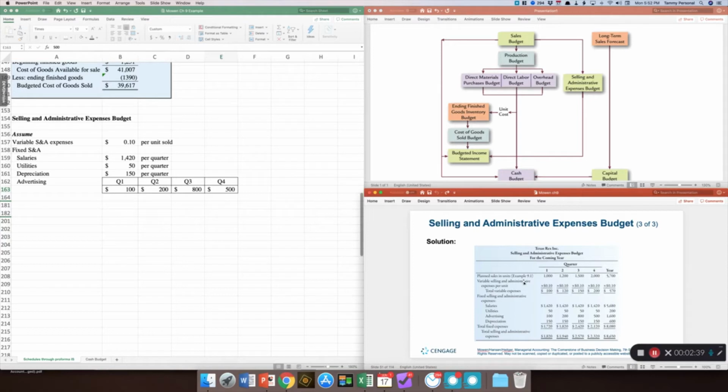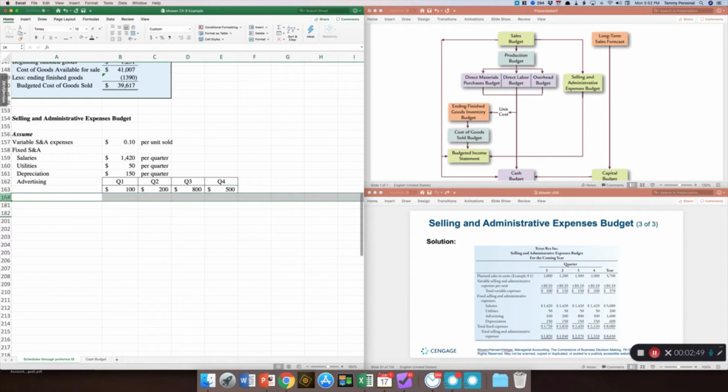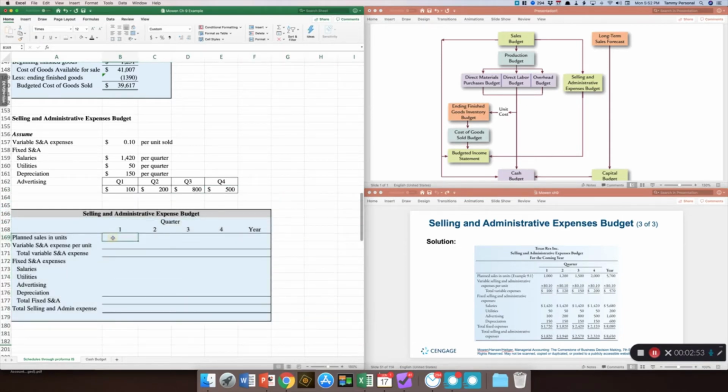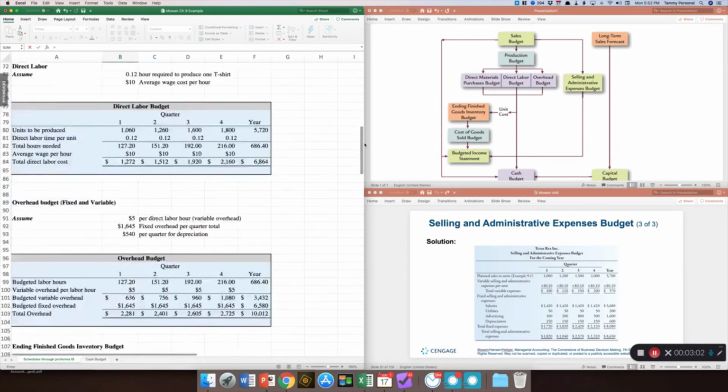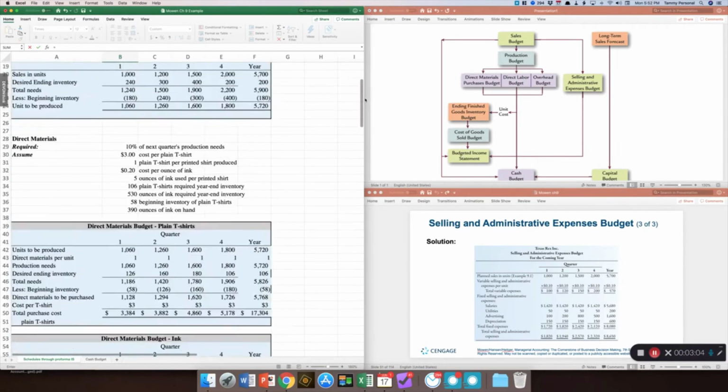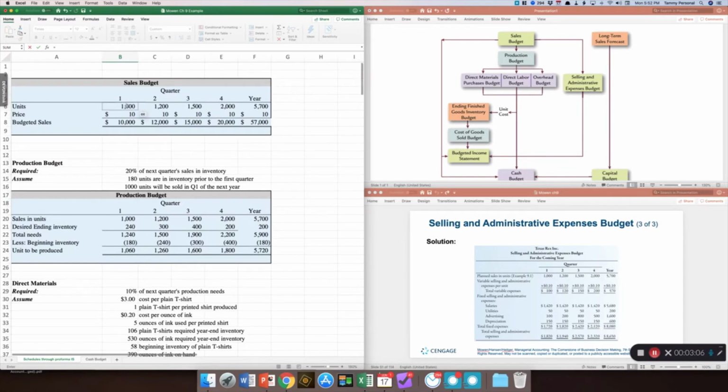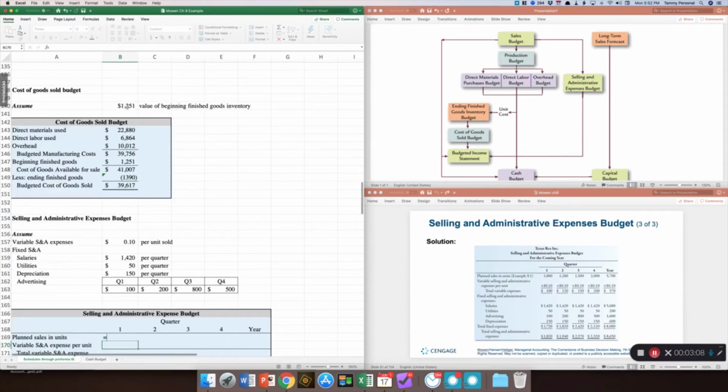So here's what the budget looks like. It's a little bit more detailed than some of the other ones. I'm going to go ahead and unhide my blank, and let's figure out how to calculate each of these lines. All right, so our sales, we pick up from up above, from the very first one of these, okay?